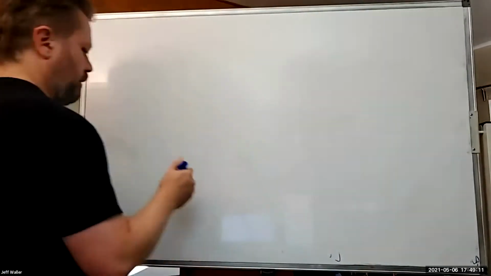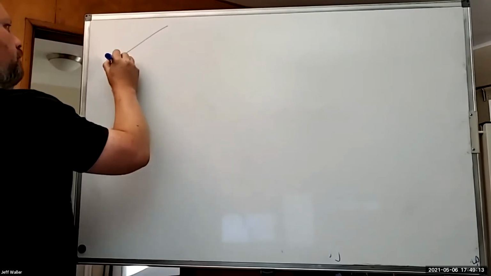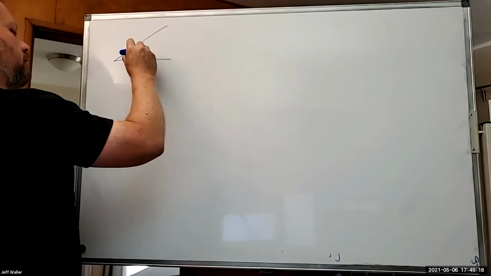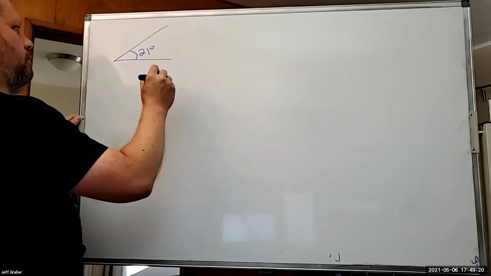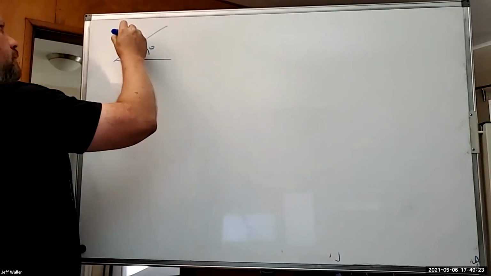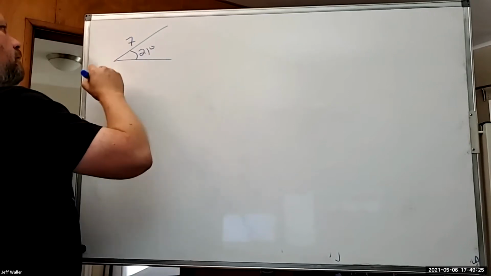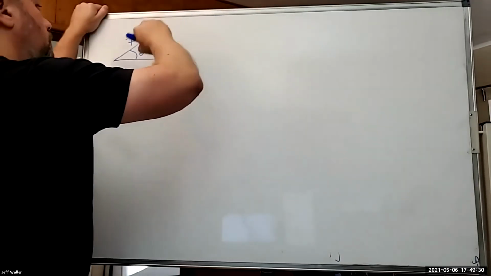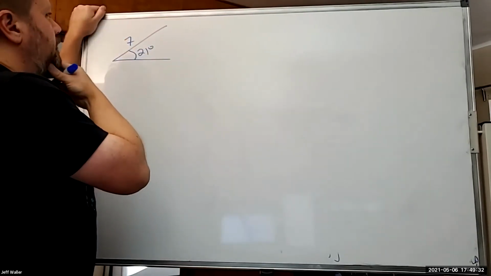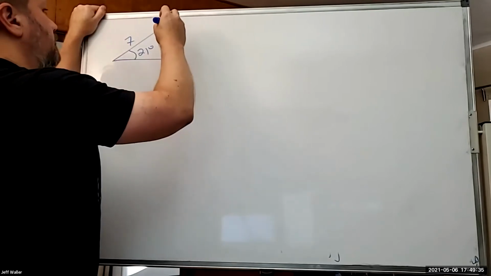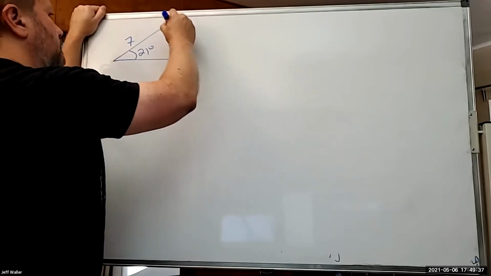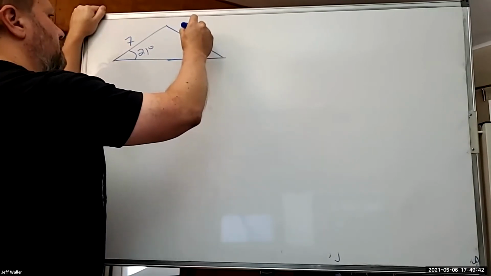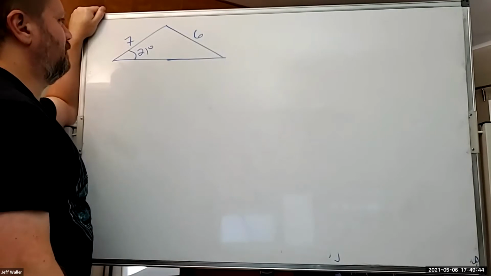So let's see, can I create a triangle that will allow this? Say it's 21 degrees. Let's say this is 7. Let's say this is 6.